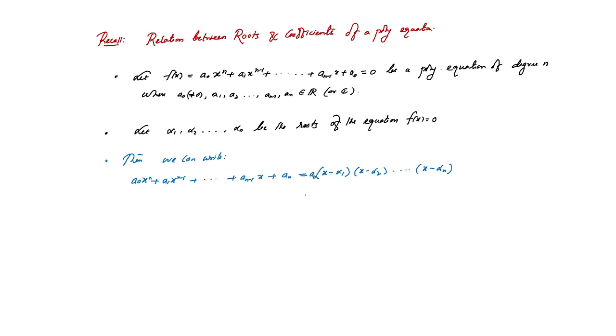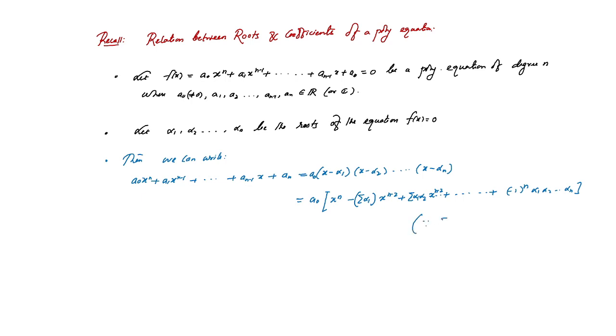And the right side will be a0 times x to the power n minus summation alpha 1 x to the power n minus 1 plus summation alpha 1 alpha 2 x to the power n minus 2 plus dot dot dot plus (minus 1) whole to the power n alpha 1 alpha 2 up to alpha n.